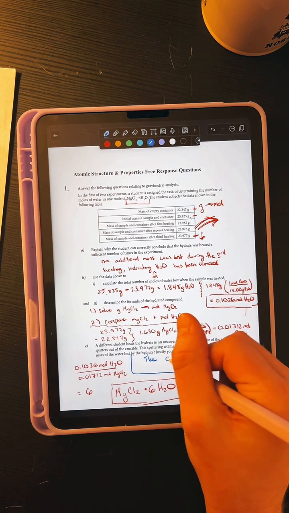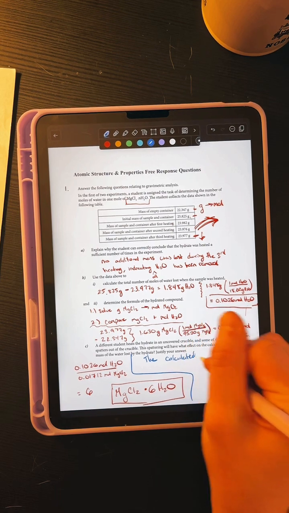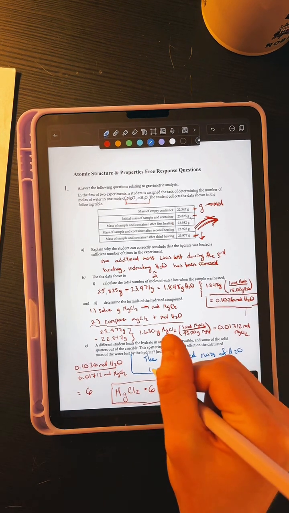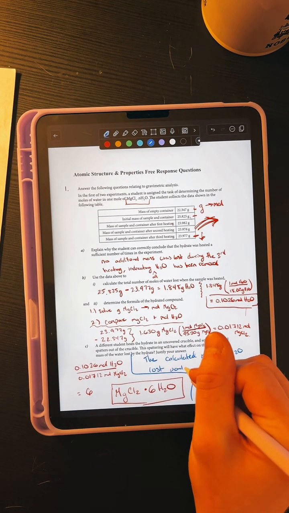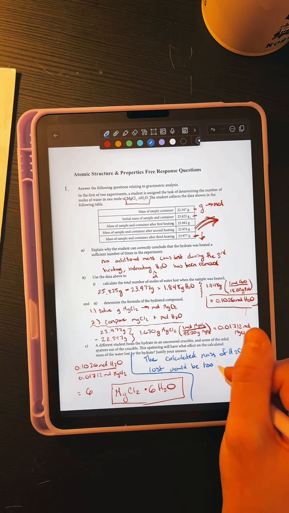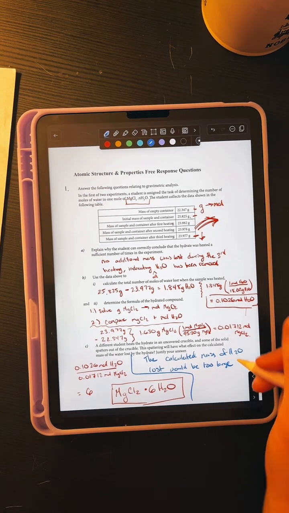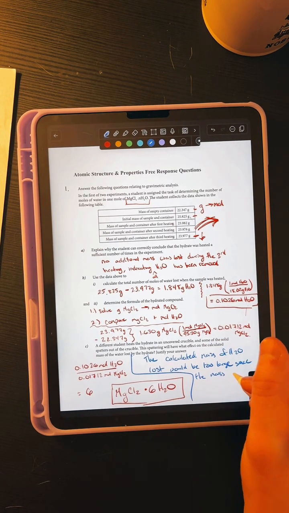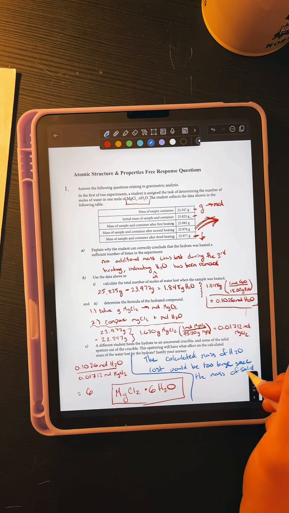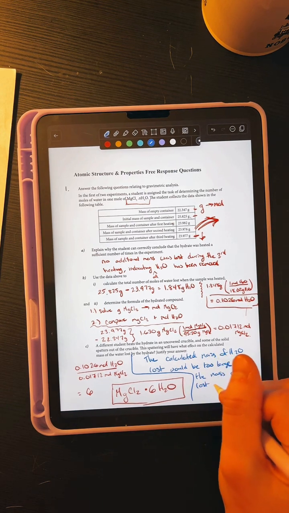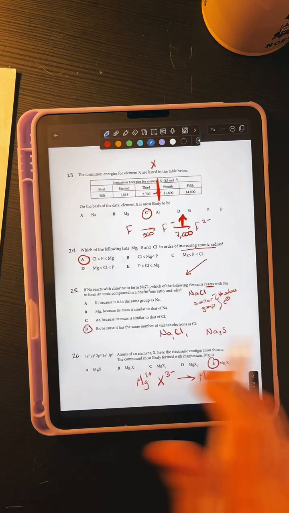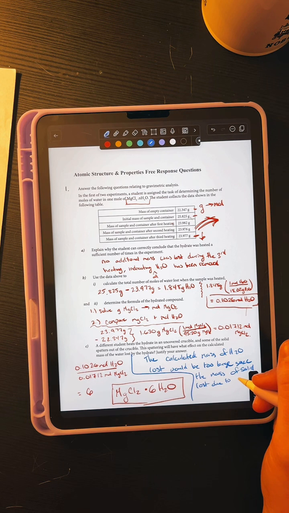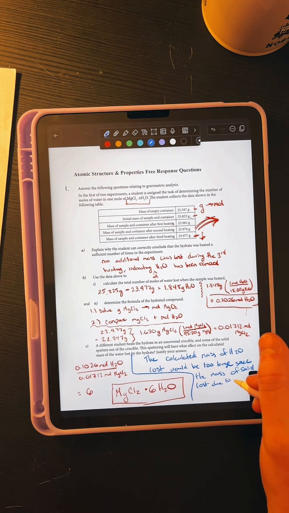The calculated mass of water lost would be too large, since the mass of solid lost due to spattering would count as mass of water evaporated.